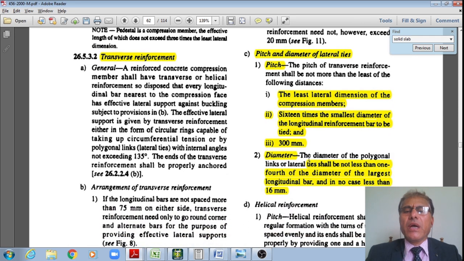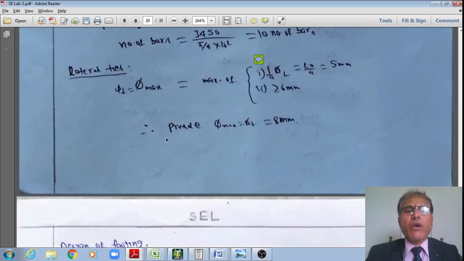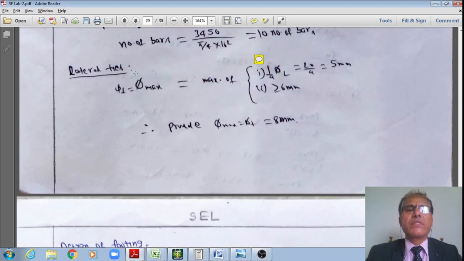The diameter of the lateral tie for the column shall not be less than 1/4 of the diameter of the largest longitudinal bar, and not less than 16 mm. However, we already assumed 16 mm. Therefore, now I'll calculate the diameter, the maximum of these two: 16 by 4.